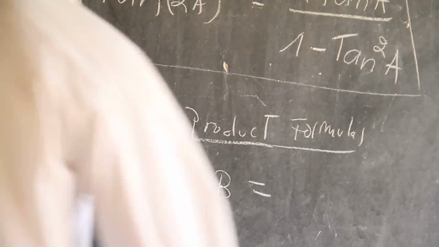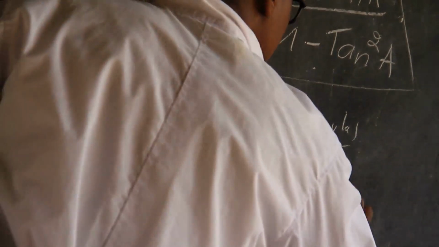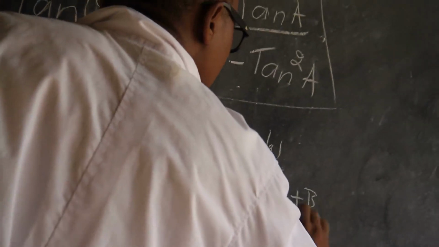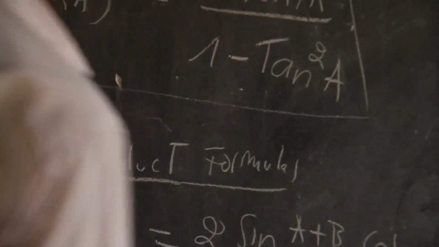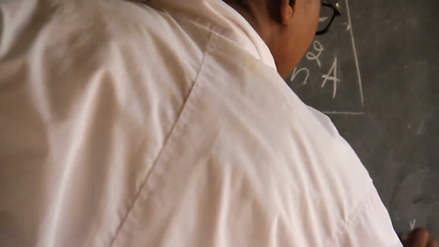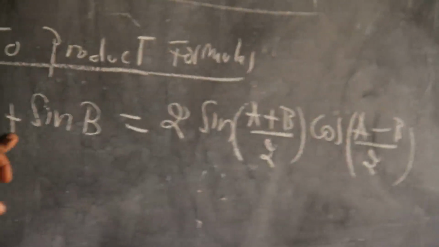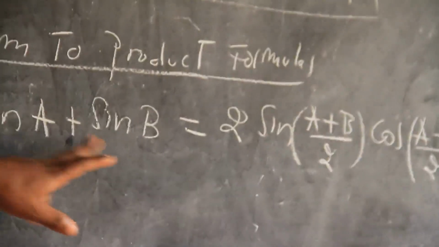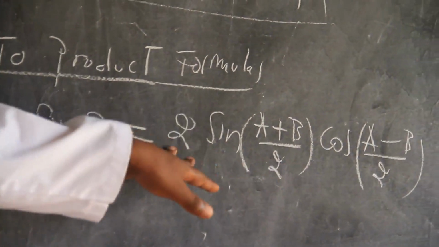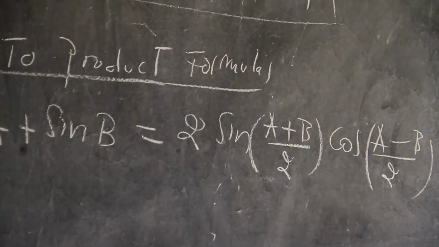It is 2 sine A plus B over 2 cosine A minus B over 2. See that it was the sum, then I go to the product: 2 times sine times cos.